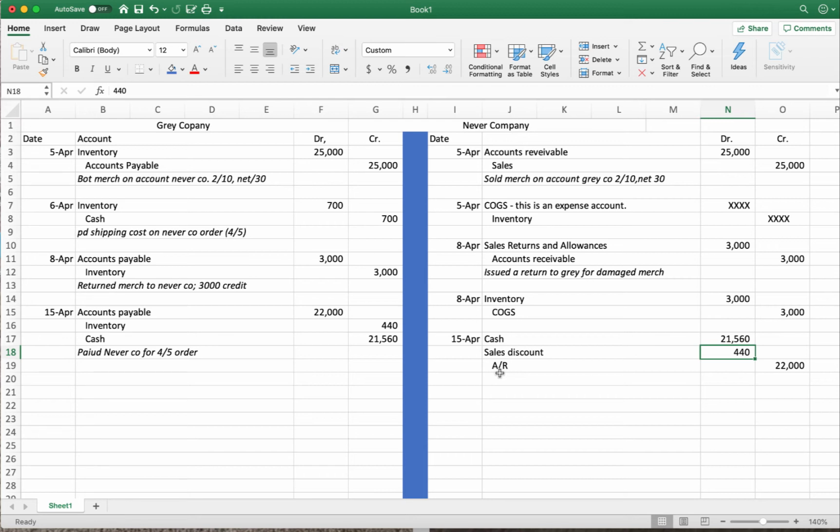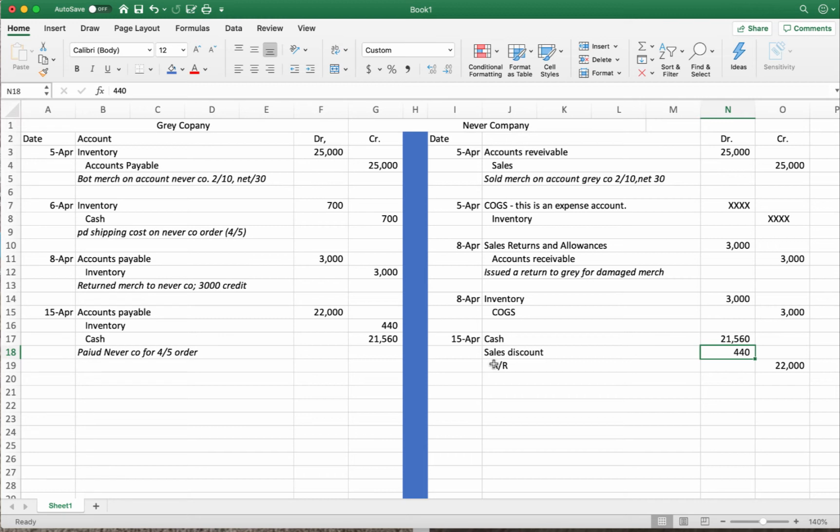The accounts payable goes down by the amount that's on the books. The accounts receivable goes down by the amount that we have on our books. The only difference is the seller side says we have to recognize and separately keep track of sales discounts. So this is another contra revenue account, just like sales discounts and allowances.